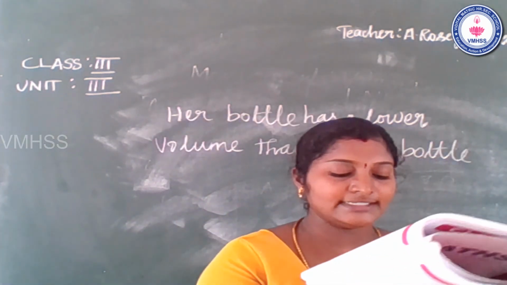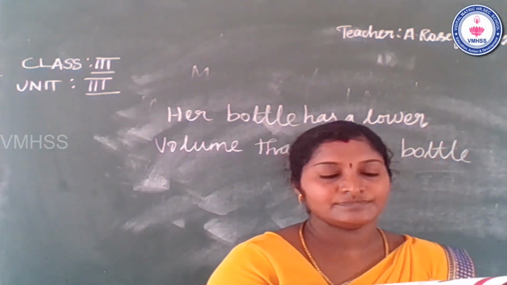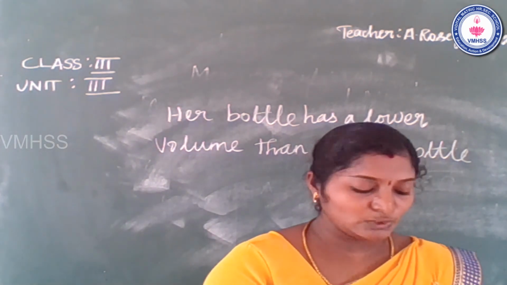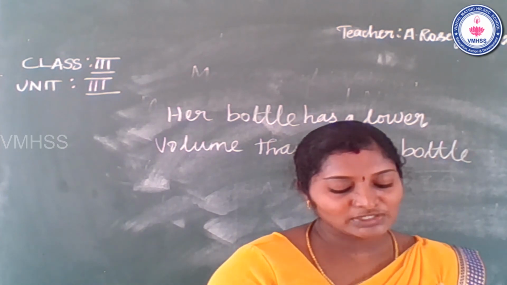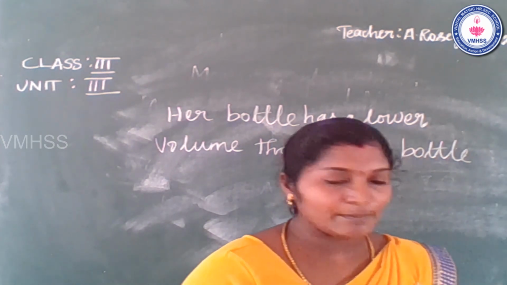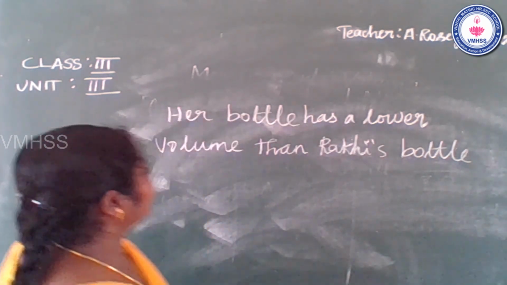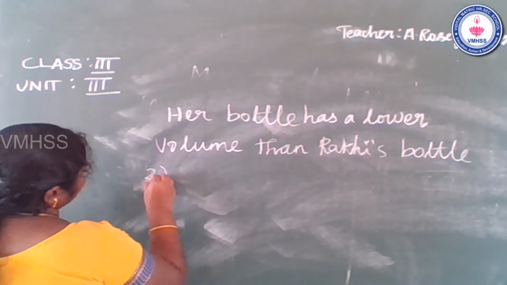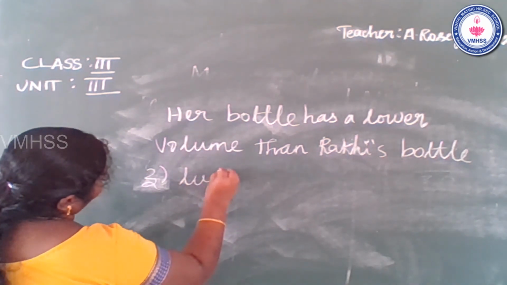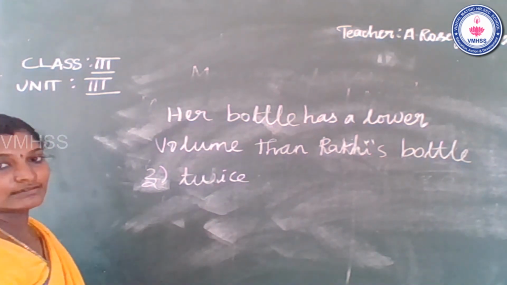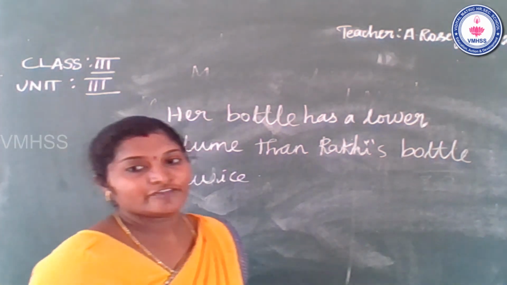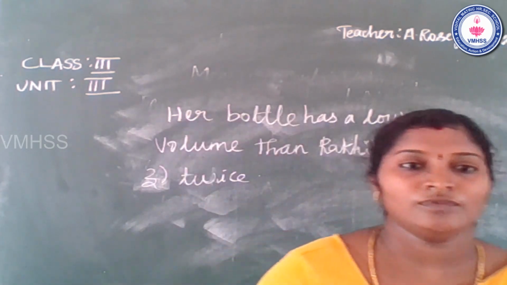Circle the answer B. Third, Rocky's bottle can hold dash as much water as Rima's bottle. Write the answer: twice.